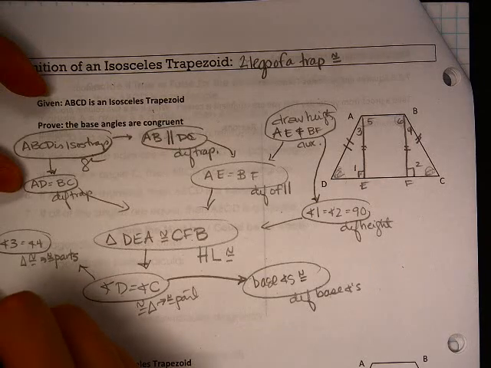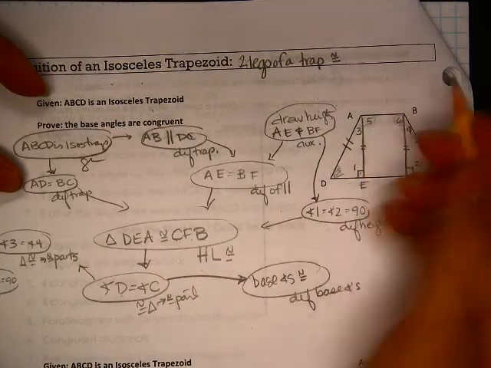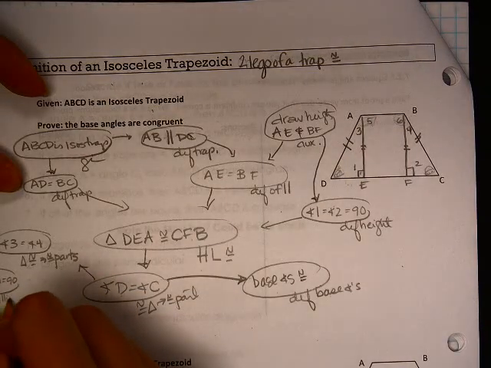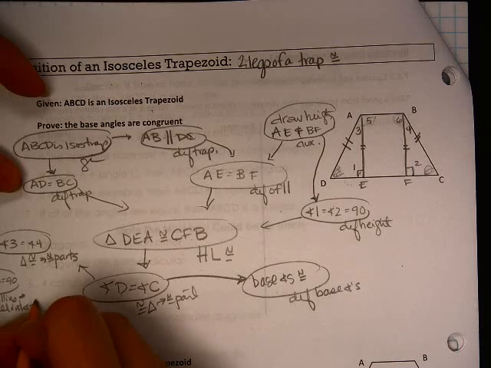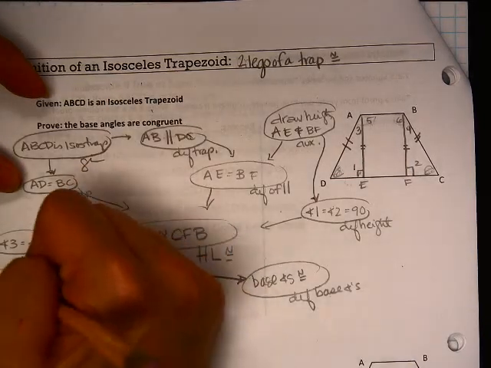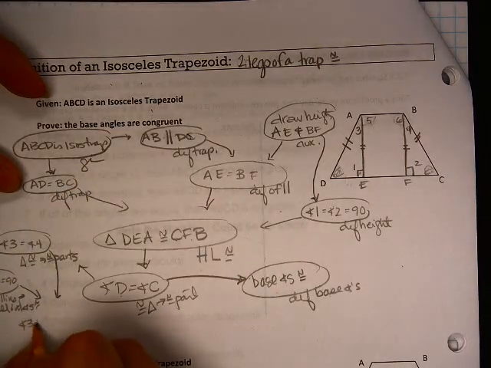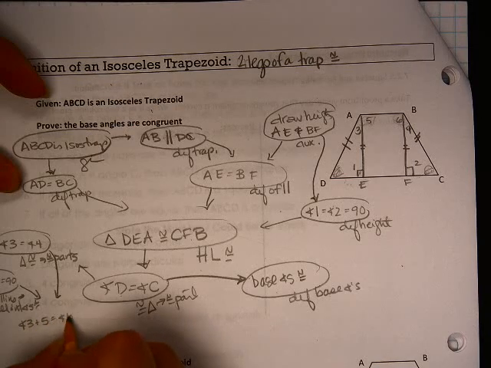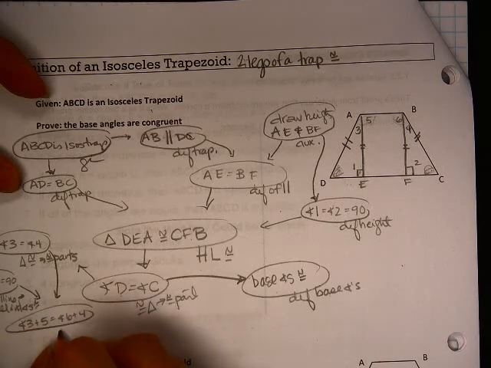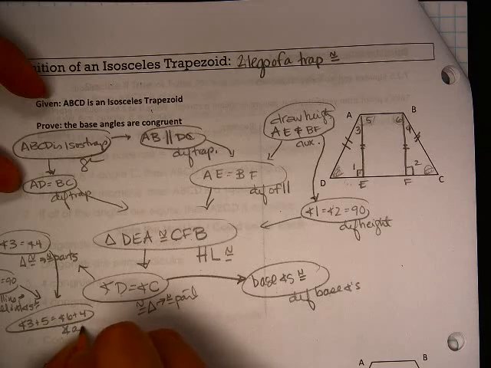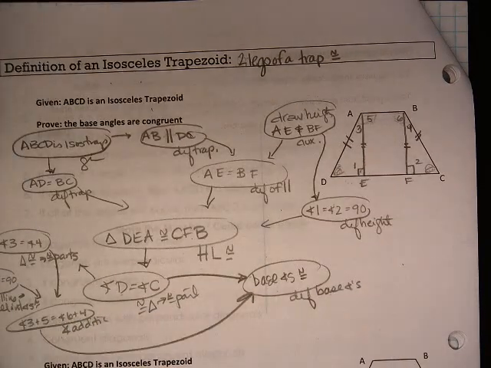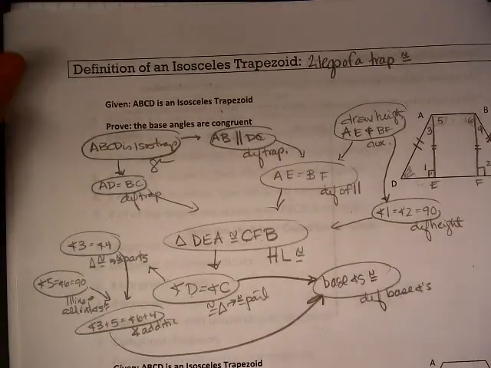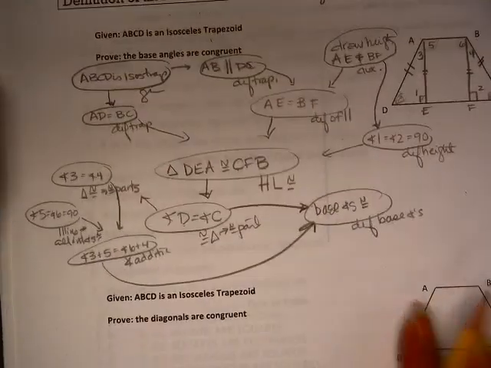So angle 5 equals angle 6 equals 90 because of either alternate interior or whatever, so we'll say parallel lines. And if I put them together, then angle 3 plus 5 equals angle 6 plus 4 because of angle addition. And that would give me my other set of base angles that are equal to each other.